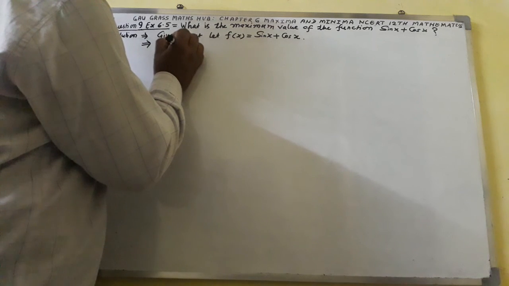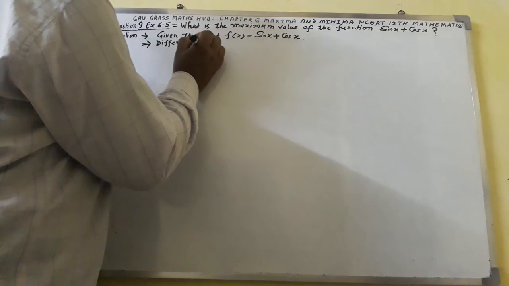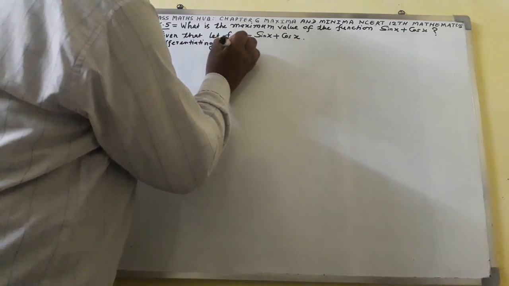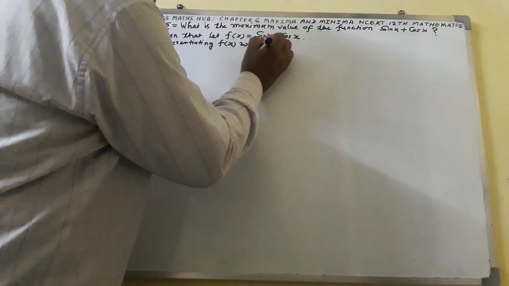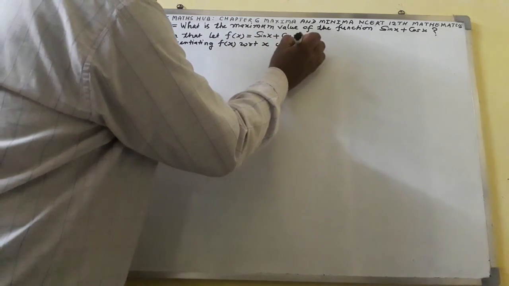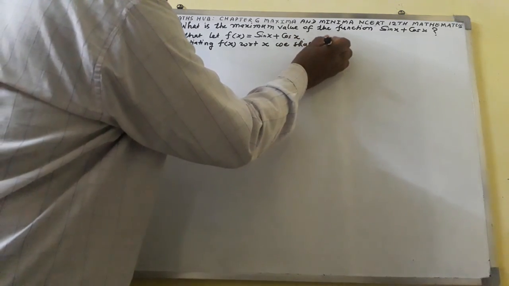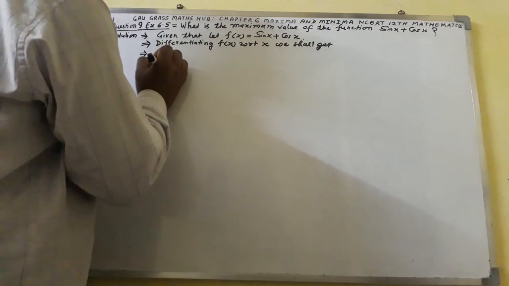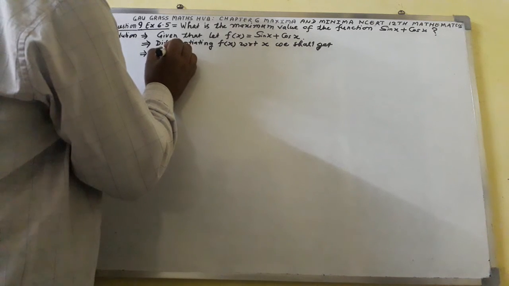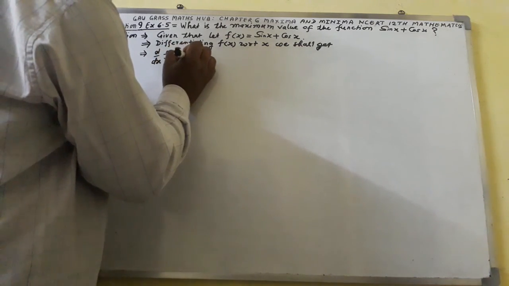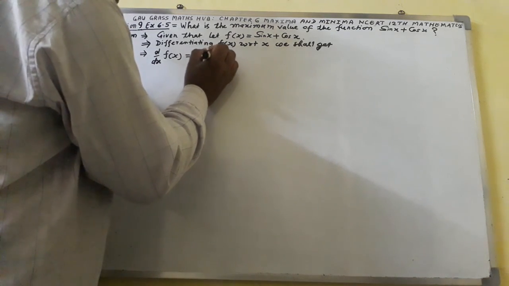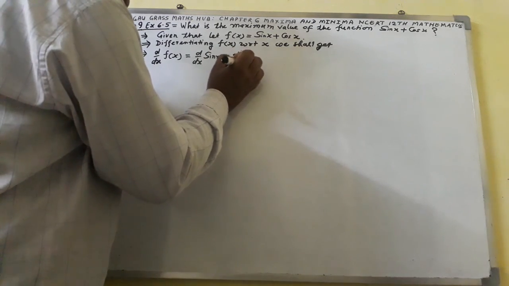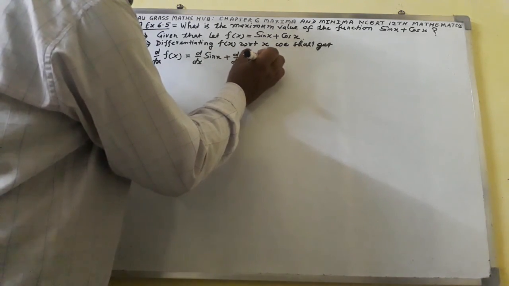Differentiating f of x with respect to x, we shall get d over dx of f of x equal to d over dx of sin x plus d over dx of cos x.